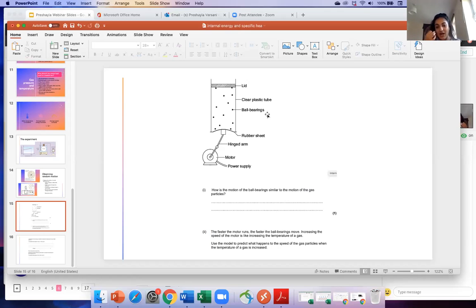Put your answers in the chat. What happens to the speed of a gas when we increase the temperature of the gas?